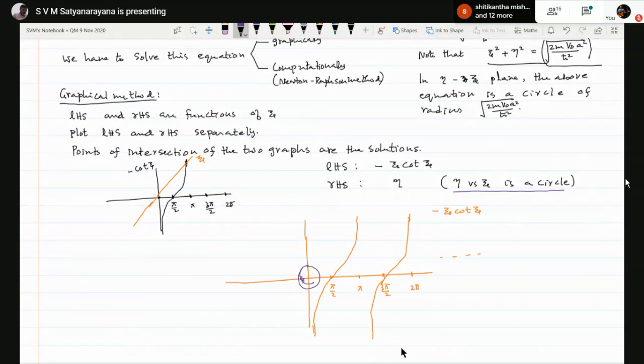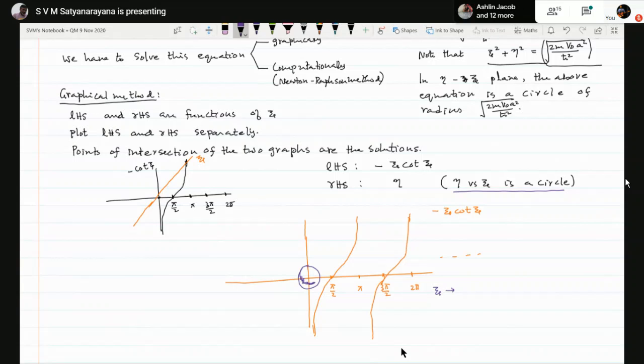Suppose I have a circle like this, for some particular value of V naught. There is no solution. That means there is no xi, whatever I have here is xi, such that right hand side and left hand side are intersecting.